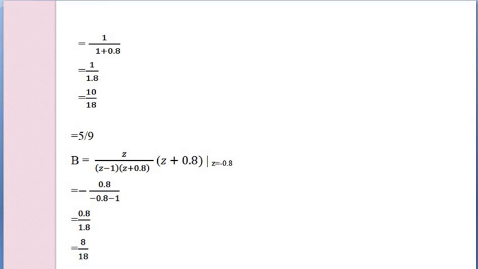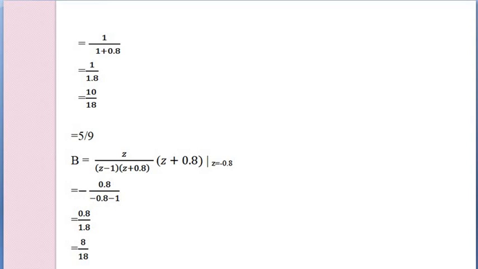Similarly, to get the B value, we take P of z by z, that is z divided by z minus 1 into z plus 0.8, multiply by the pole z plus 0.8, and assume z equal to minus 0.8.